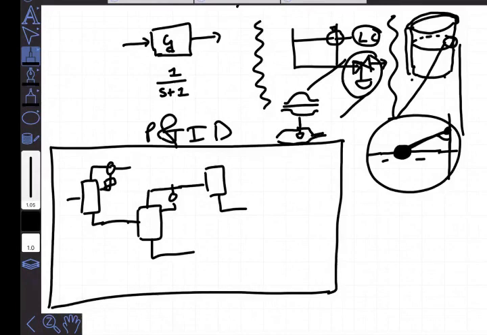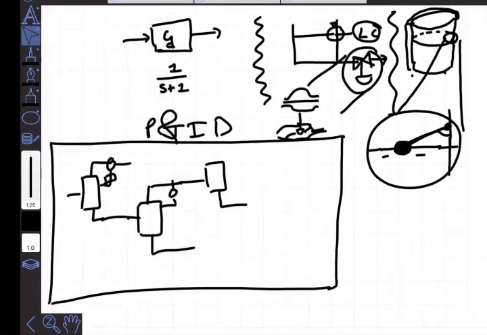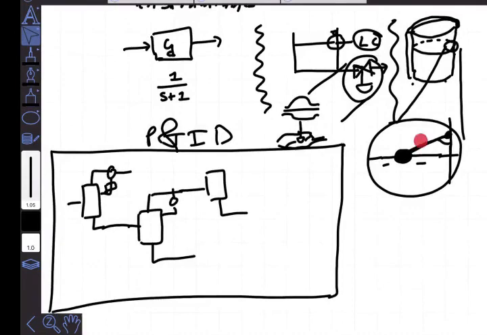Remember, I had one of these in class during one of the tutorials. And so on the measuring instrument side, every measuring instrument has a principle by which it works. It has its own dynamics. It has its own limitations in terms of how much it can measure and so on.